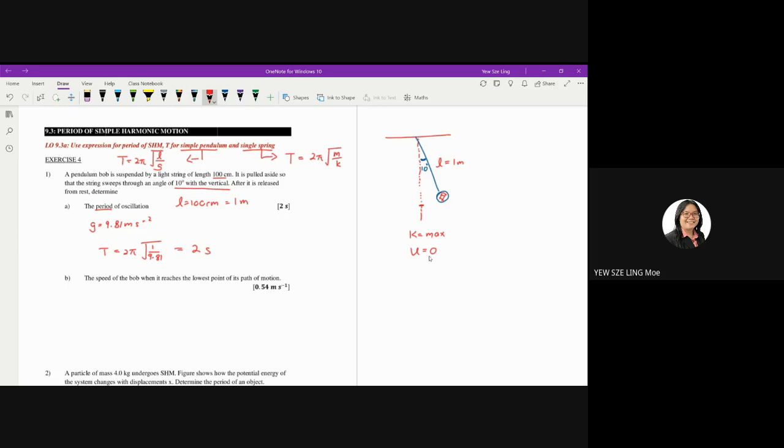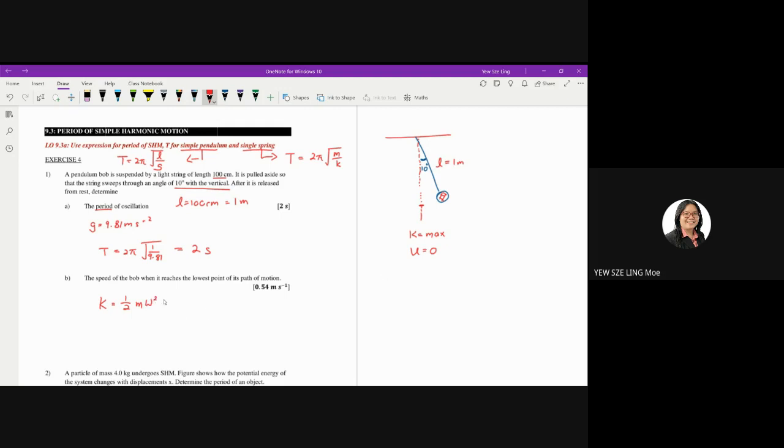So now we want to calculate the value. What is the equation that we can use to calculate it? Now you look at the question. Seems like we don't have omega. Can we calculate it by using K equals to 1 over 2 m omega squared A squared, the maximum value?